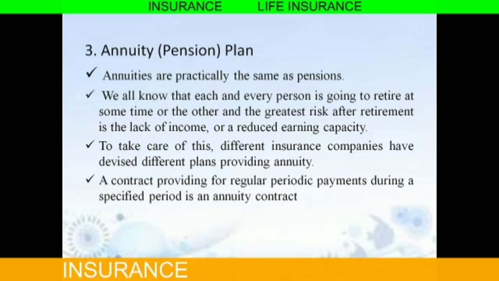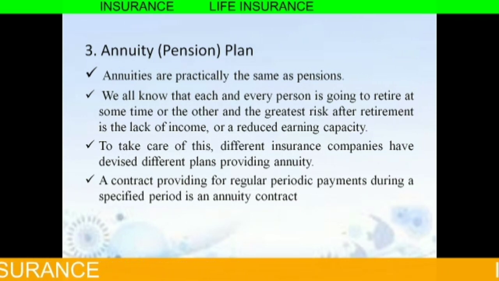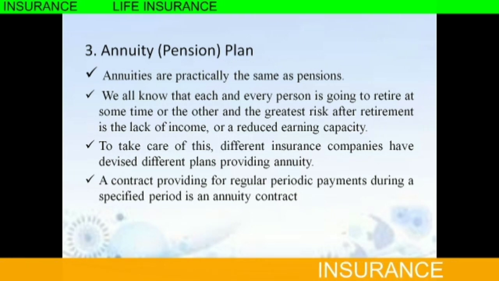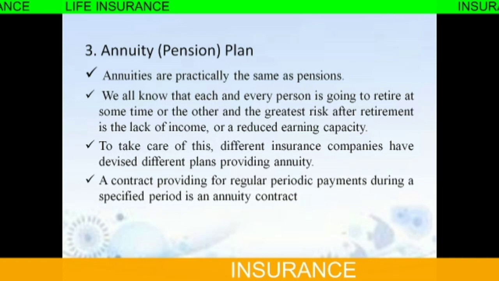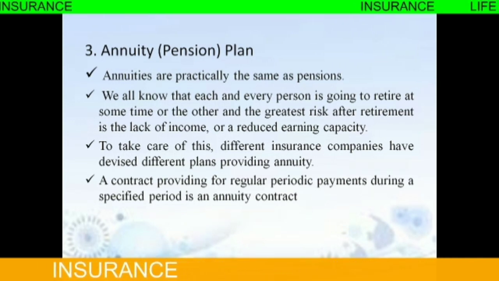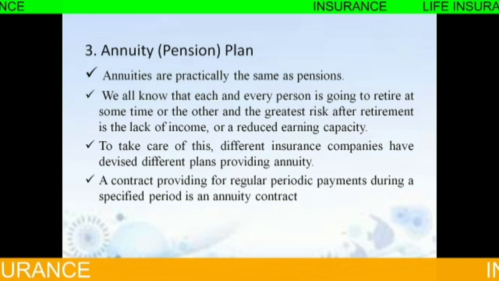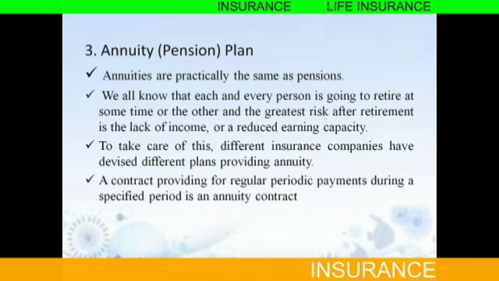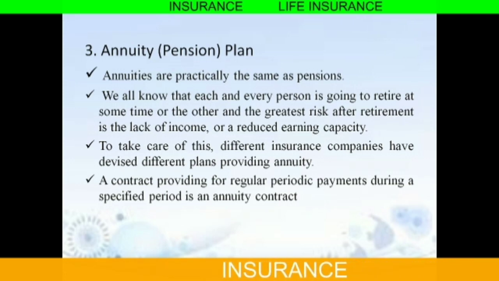To take care of this, different insurance companies provide different types of plans in the form of annuity. A contract providing for regular periodic payment during a specified period is known as an annuity contract.